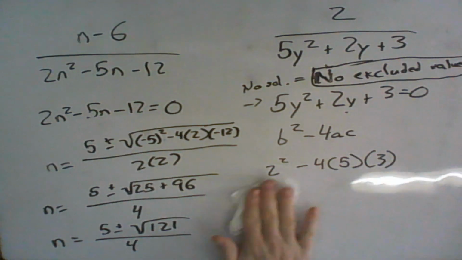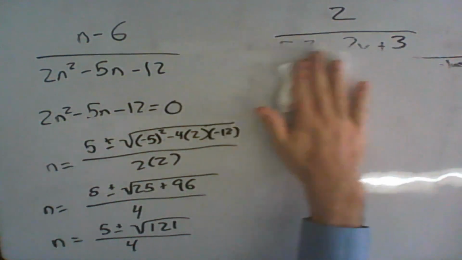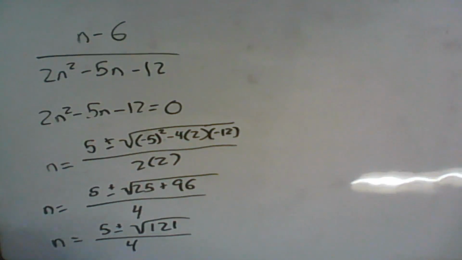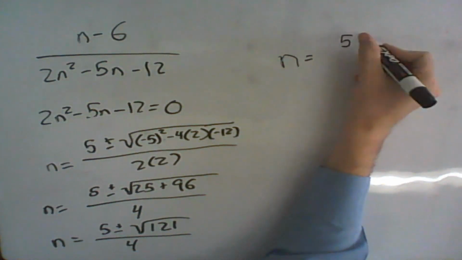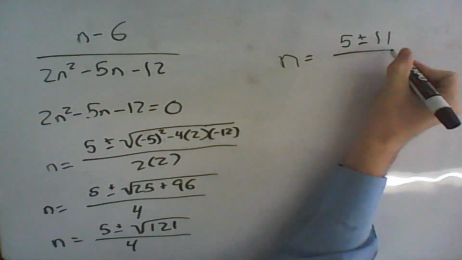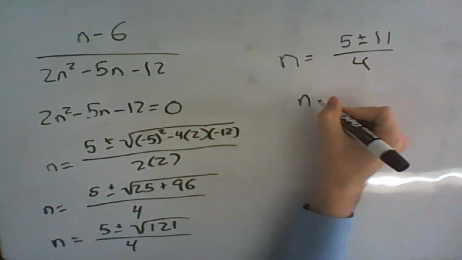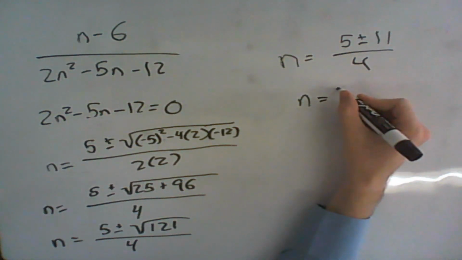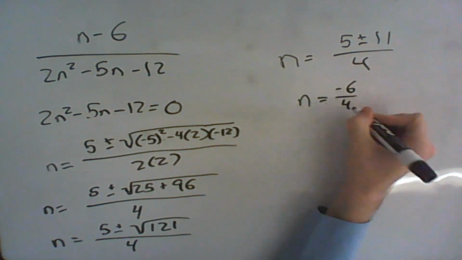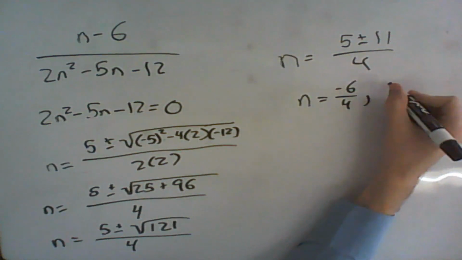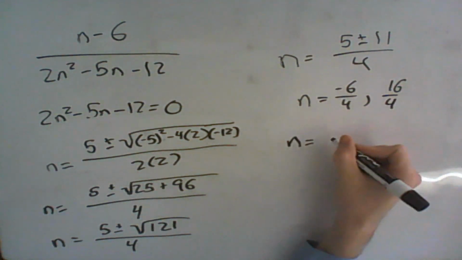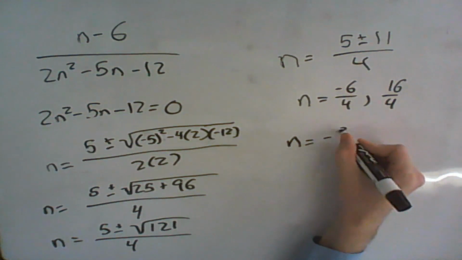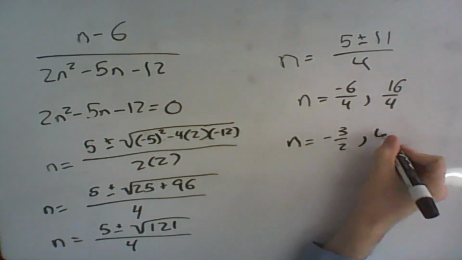Solving this quadratic, we get n equals 5 plus or minus 11 over 4. So n equals negative 6 over 4 and 16 over 4, which would mean n equals negative 3 over 2 and 4.